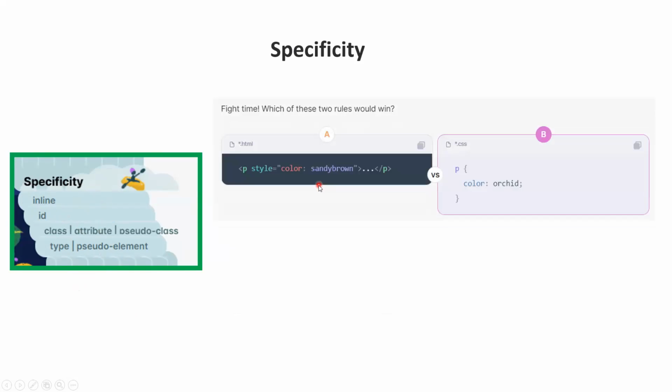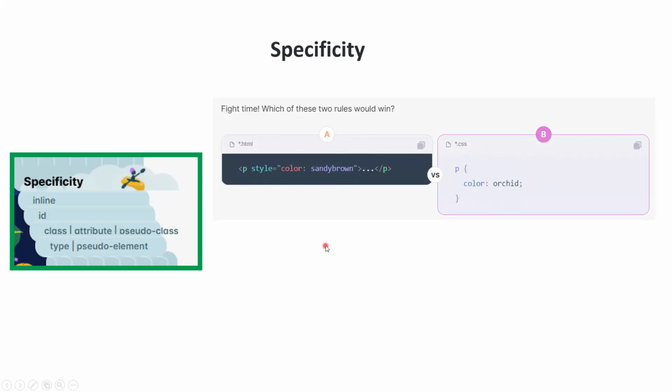For example, in this case, which of these two rules would win? Here we have option A with an inline style rule, and here we have a CSS file rule.